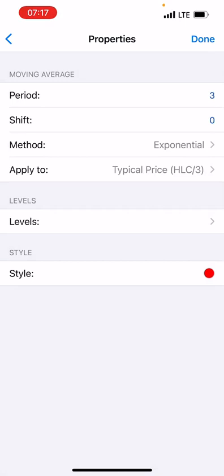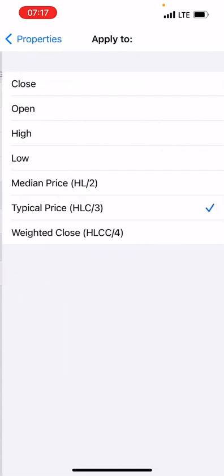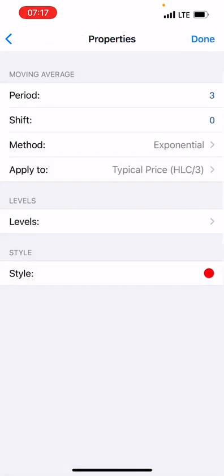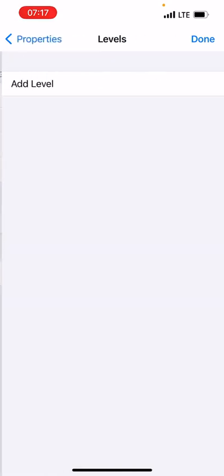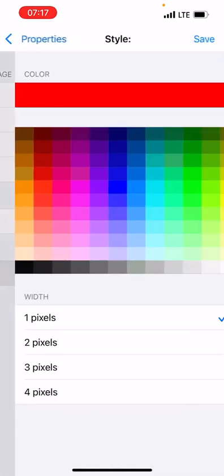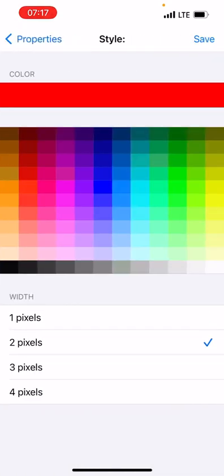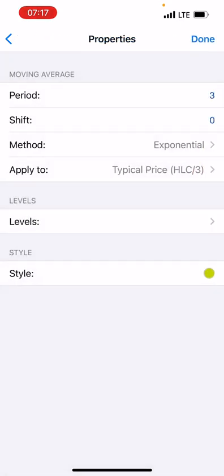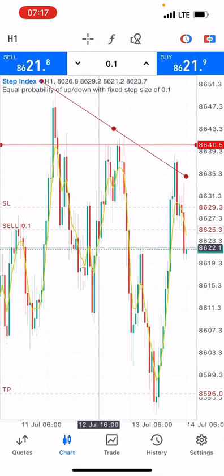Then the style 2 pixel, and we don't need levels. So we'll be using yellow for this color. Let's just take, is this yellow? Okay, yellow, something like this. Yeah, save, then done. So this is the first indicator, which is a moving average.